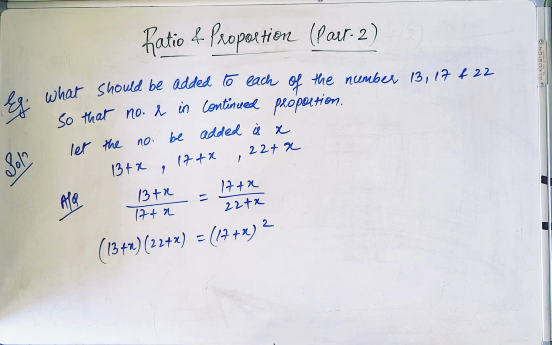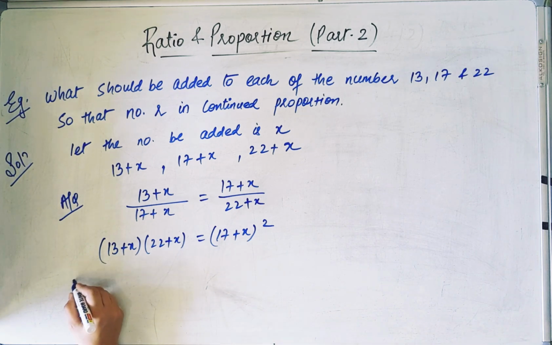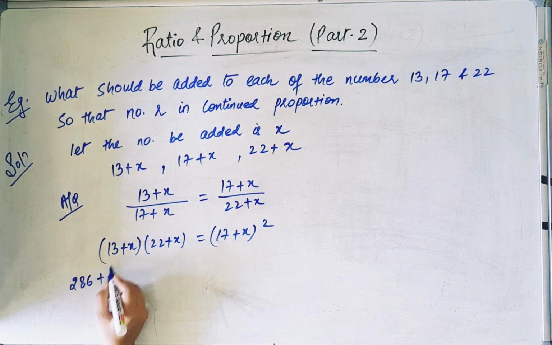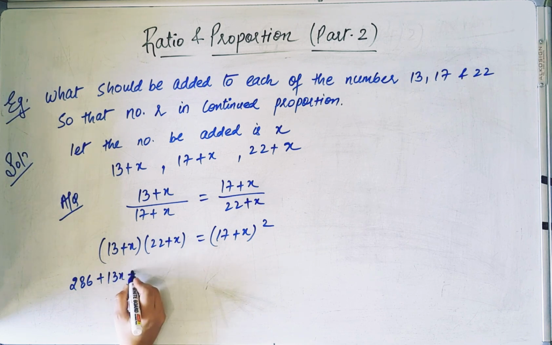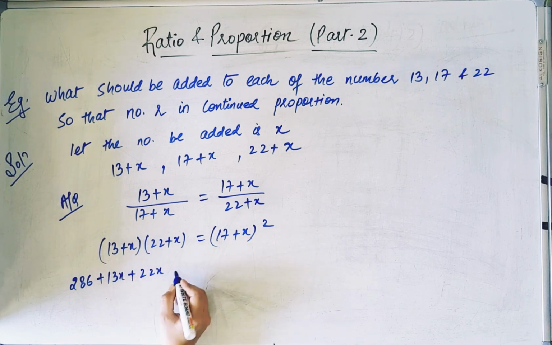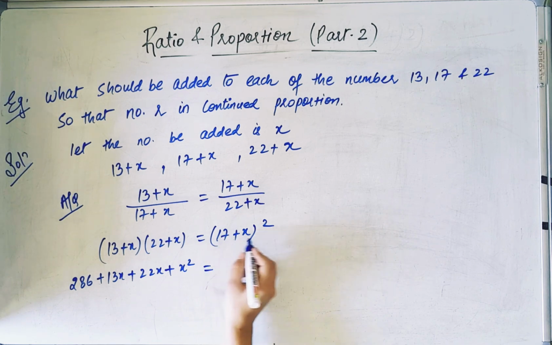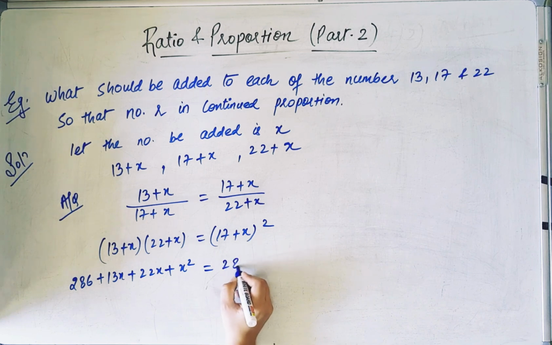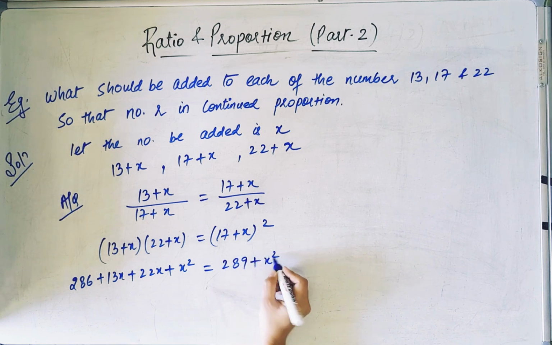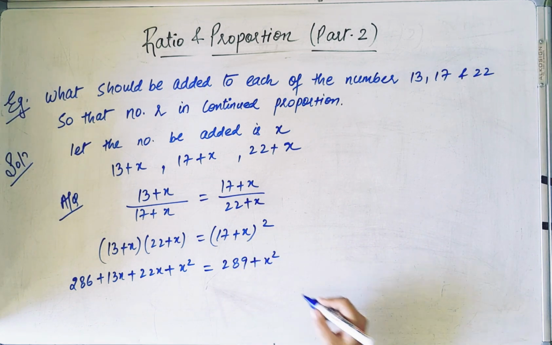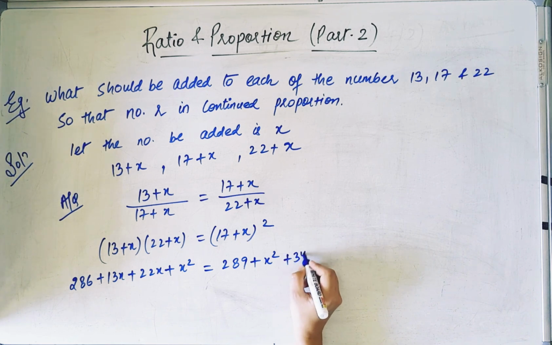Thus, what we'll get over here when we multiply 13 into 22, we'll get 286 plus 13 into x plus 22 into x, 22x, plus x square, and here the (a plus b) whole square identity, we'll put 17 square is 289 plus x square plus 17 into 2, 34x.